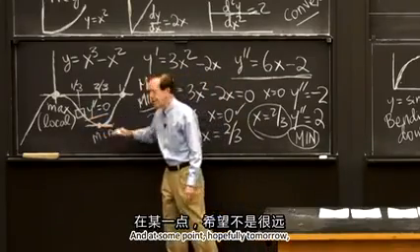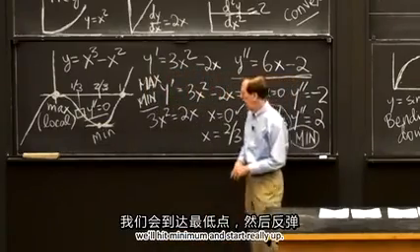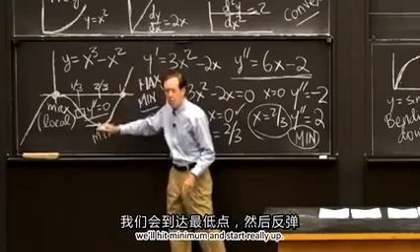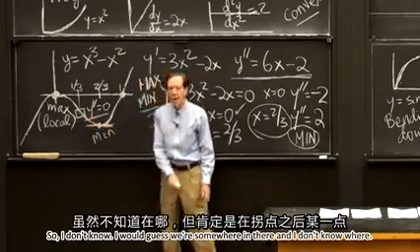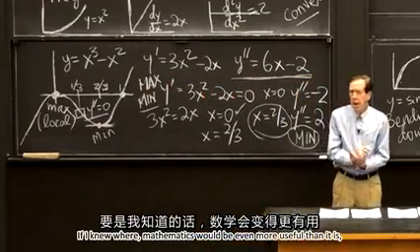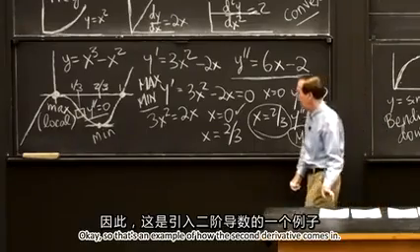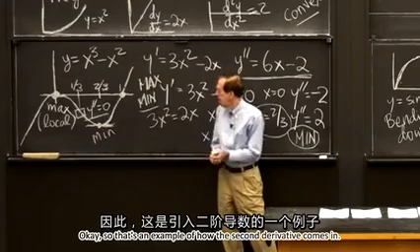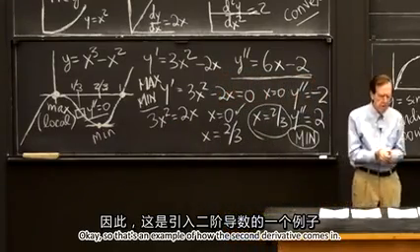And at some point, hopefully tomorrow, we'll hit minimum and start really up. So I don't know, I would guess we're somewhere in there, and I don't know where. If I knew where, mathematics would be even more useful than it is, which would be hard to do. Okay, so that's an example of how the second derivative comes in.